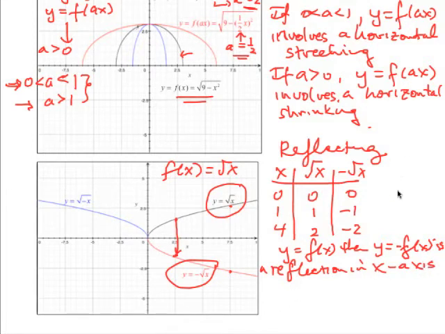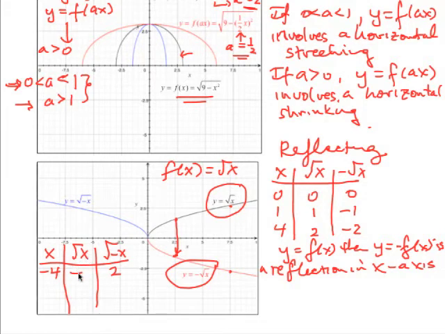Now if we look at this one over here, if I again do my table, x, square root x, and now square root of negative x. We have to be a little bit careful here because we're going to find the square root of a positive number. So we can't really draw these two together, other than the fact that if I did -4, I wouldn't get a value here, but I'd end up with a 2 here.